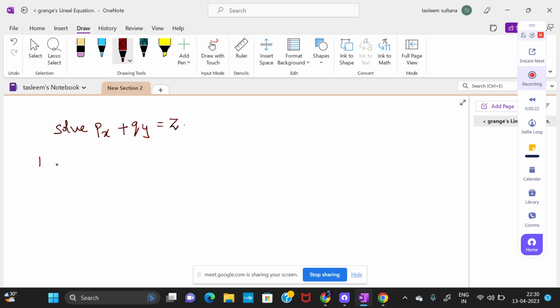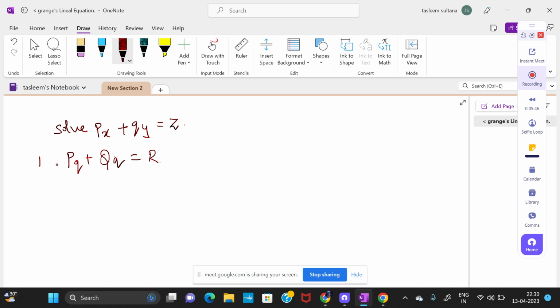So what are your capital P, capital Q and capital R here? Your Lagrangian equation is of what form? Capital P suffix small p plus capital Q suffix small q is equal to R. Here we already have small p and small q given.